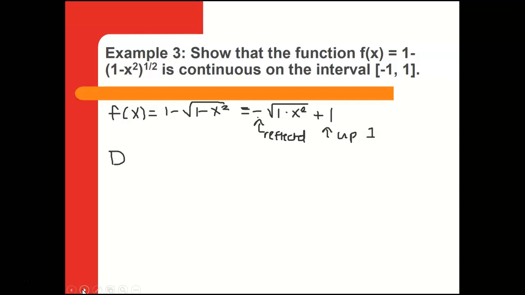The domain comes from the concern of what's under the square root. So we would say that 1 minus x squared has to always be greater than or equal to 0 because we know that we cannot have a negative value under a square root.